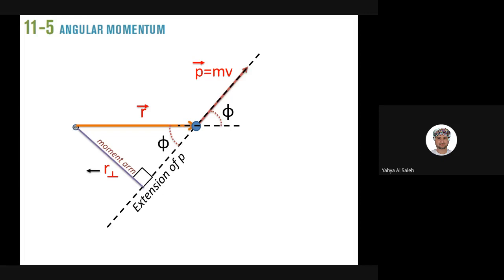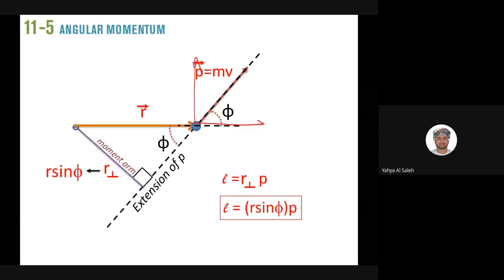Now, if we are doing it with the moment arm, we end up only taking one component of this. We have the cosine component and the sine component.